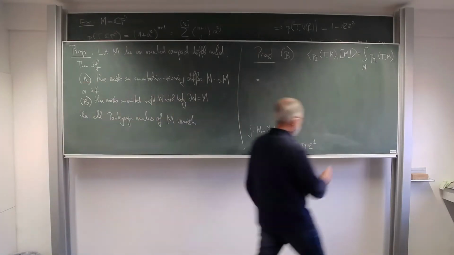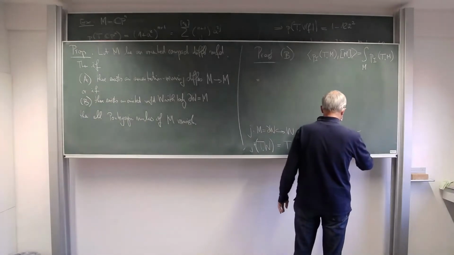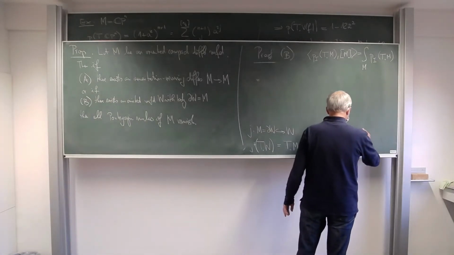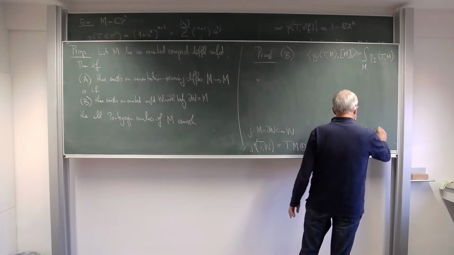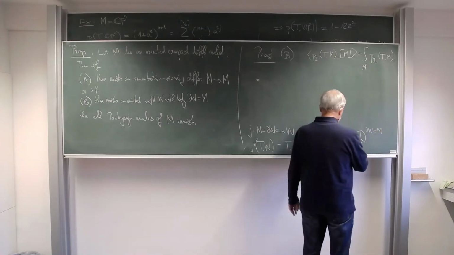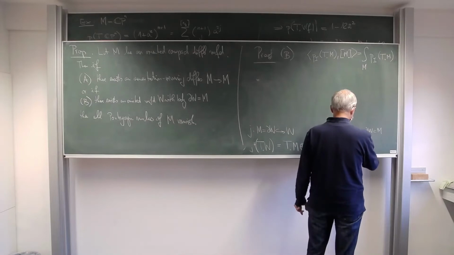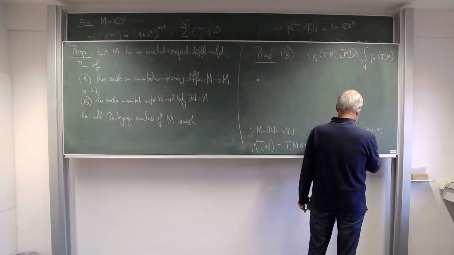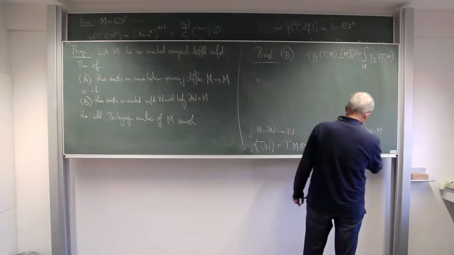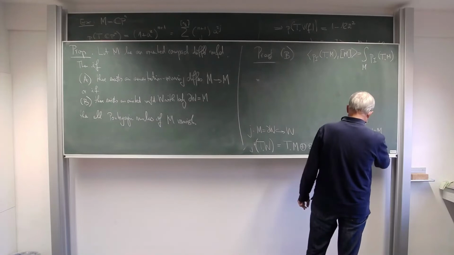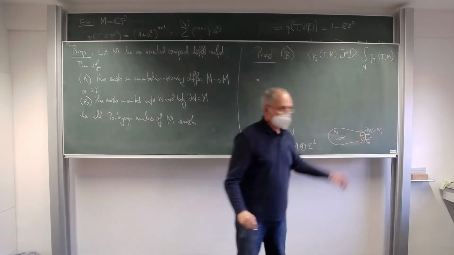Right, what we have, the picture is this. So this is my manifold W. Here we have the boundary, which is M. And if we restrict the tangent bundle to the boundary, then we get the tangent bundle of the boundary plus the normal bundle. And the normal bundle is spanned by the exterior normal, which trivializes the normal bundle.